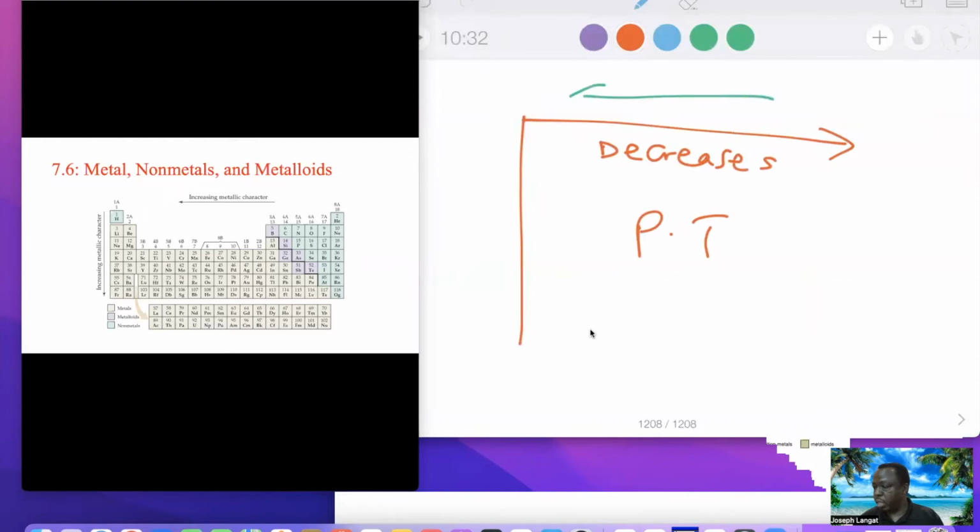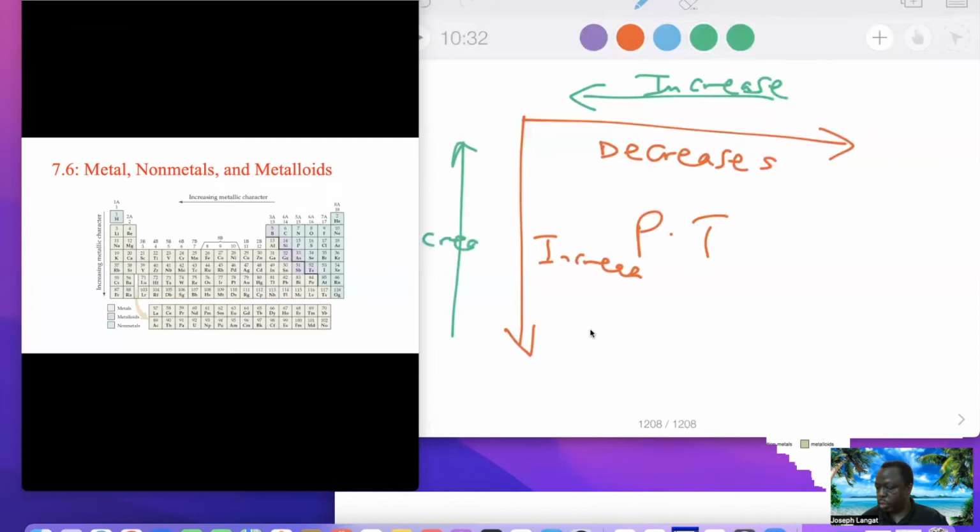Gotta be careful how you interpret the direction you are moving from and to. Coming down here, if I'm going down this way, it increases. And going up, it decreases.